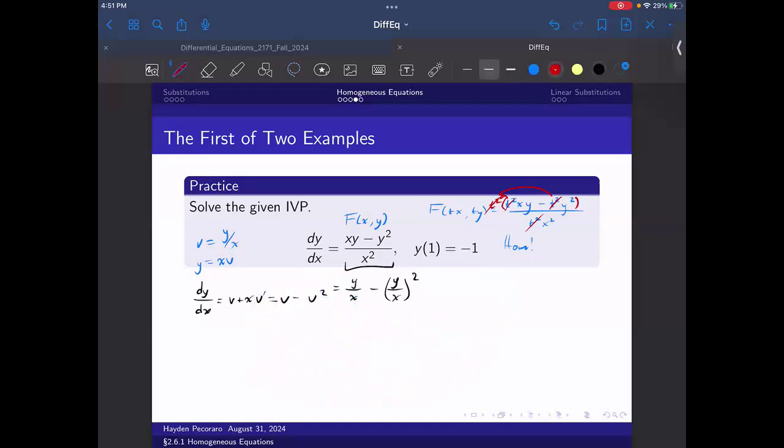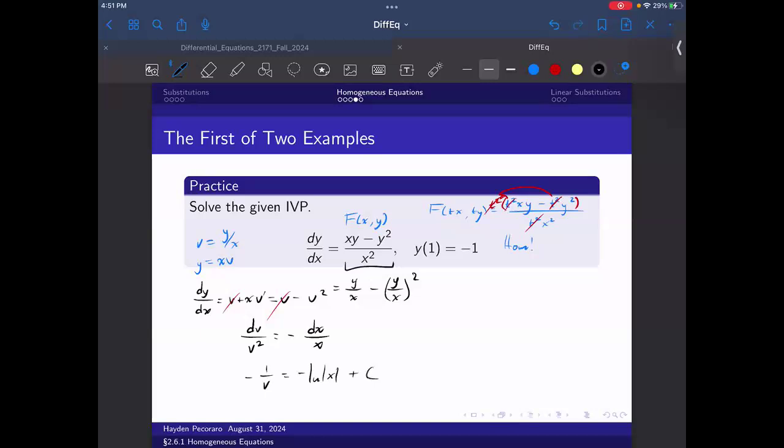Okay, well, we get some nice cancellation there. The v's go away. And then I have dv over v squared equals minus dx over x. And if I take the antiderivative here, I get minus 1 over v equals minus log absolute value of x.